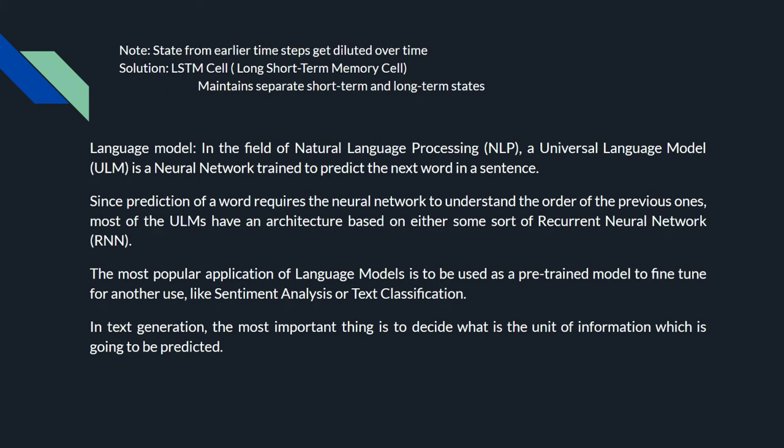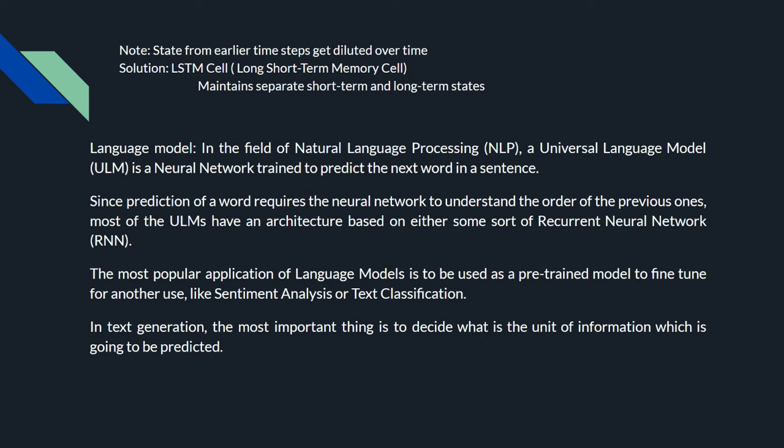Then let's talk about what the language model is. It is the use of various statistical and probabilistic techniques to determine the probability of a given sequence of words occurring in a sentence. Language models analyze bodies of text data to provide a basis for their word prediction. According to natural language processing, it's a neural network trained to predict the next word in the sequence. In the project, we are going to deal with text generation.